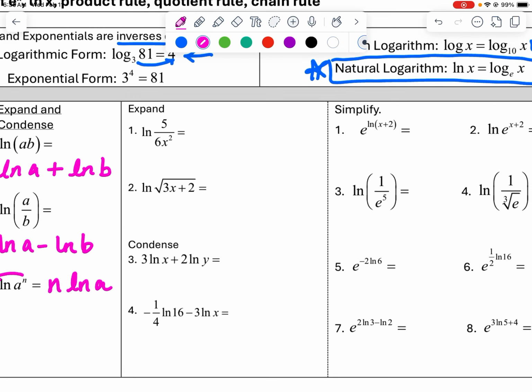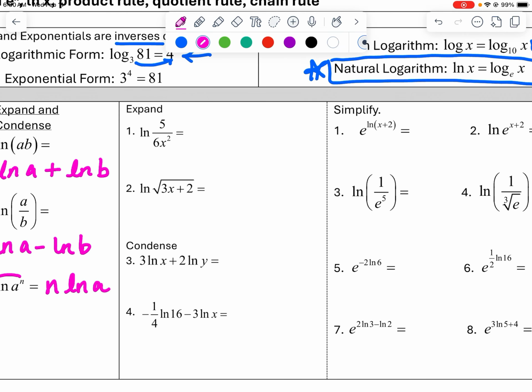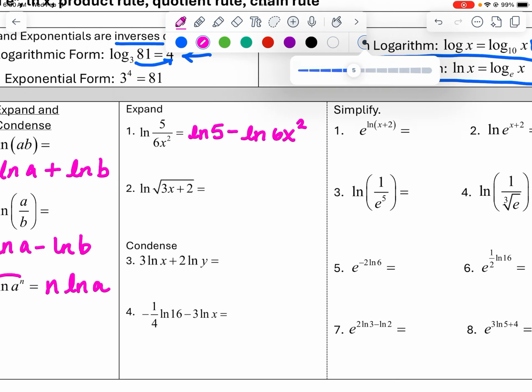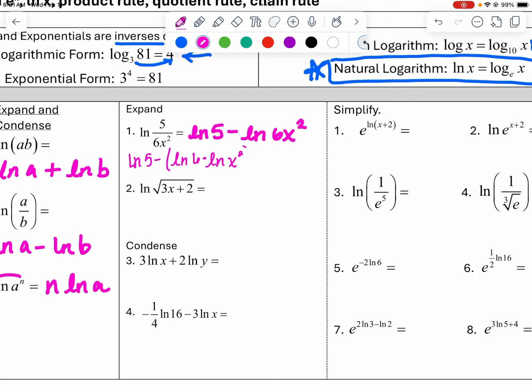A couple problems to practice expanding here. Natural log of 5 divided by 6x squared would be natural log of 5 minus natural log of 6x squared, if we're going to do this in steps, which is natural log of 5 minus, in parentheses, natural log of 6 plus natural log of x squared.